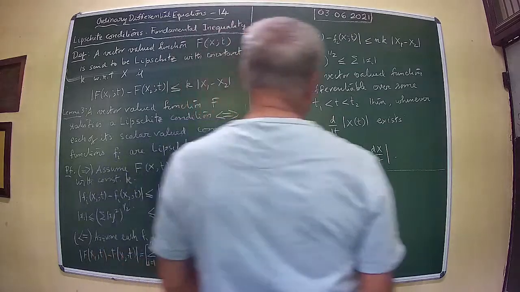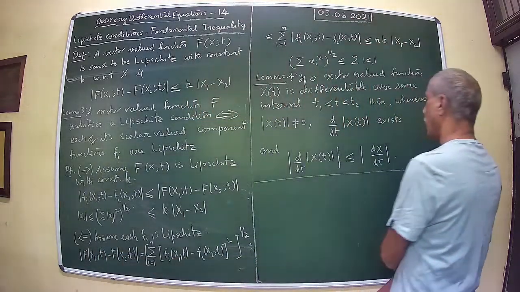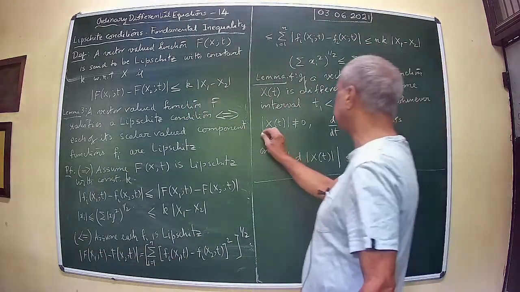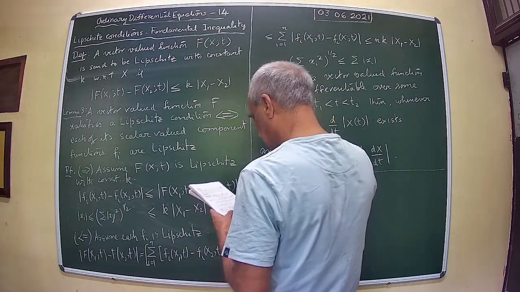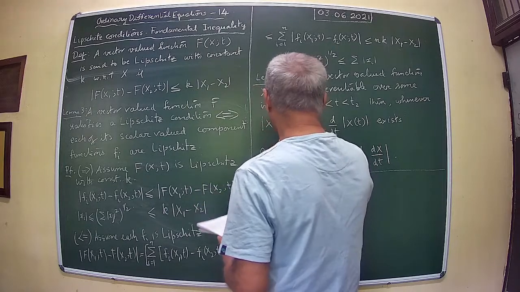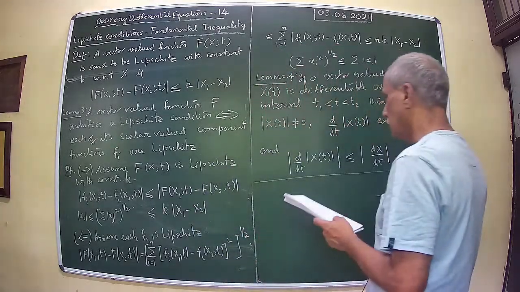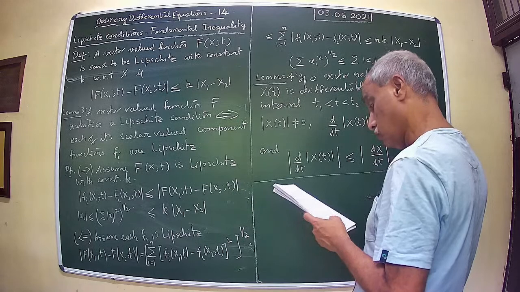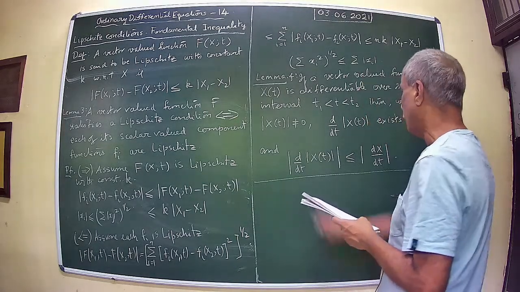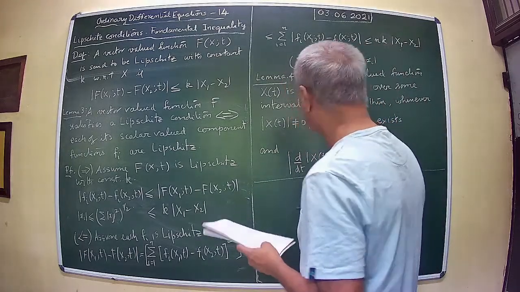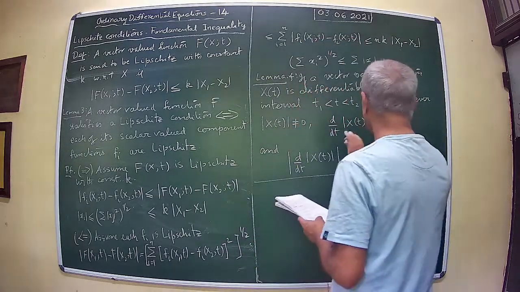First of all, you observe one thing, that we are assuming whenever the norm of x(t) is not equal to 0. That is because, you see, what is this?